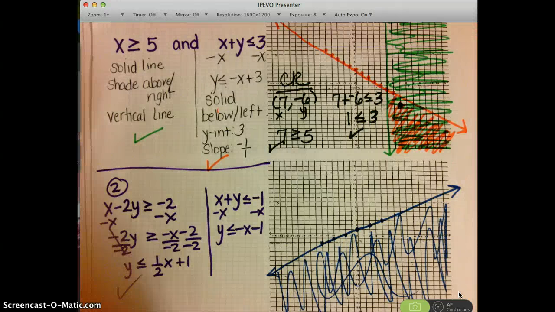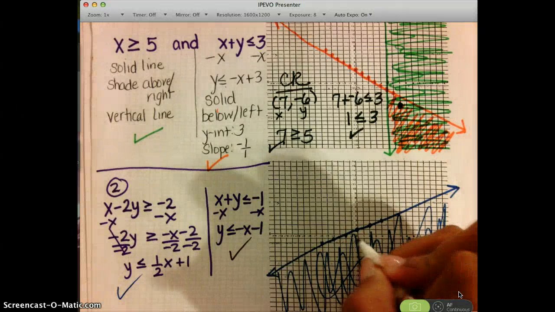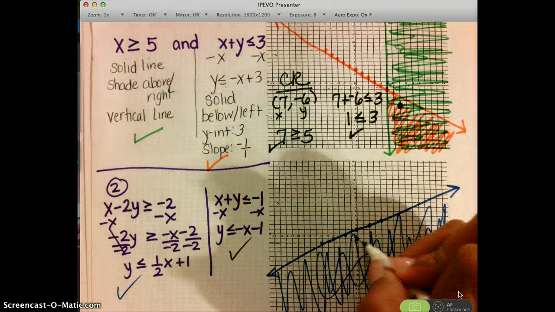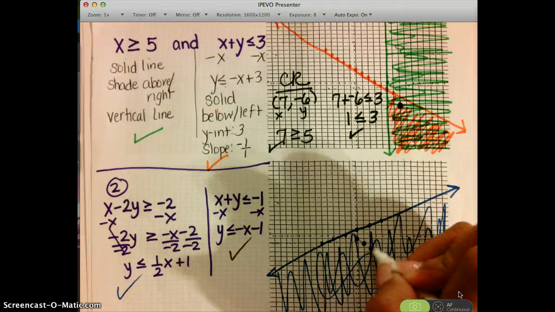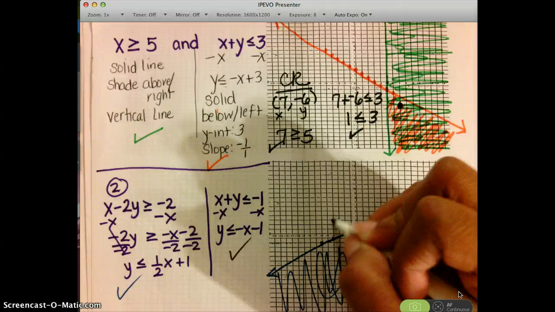All right, the second one, we'll do it in brown. Y-intercept is negative 1. Slope is negative 1. Down 1, right 1. Up 1, left 1.